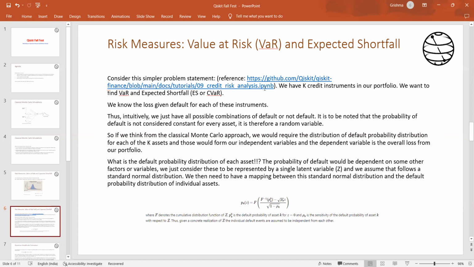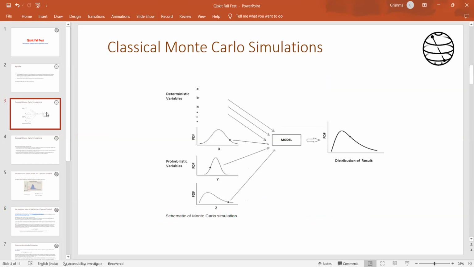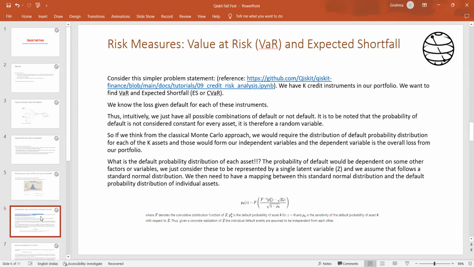And if we have to look at this from the Monte Carlo simulations perspective, the probability of default here is not constant, because that itself can vary depending on the market situation and several variables. So you will have a distribution for your probability of default, which in turn depends on several factors.